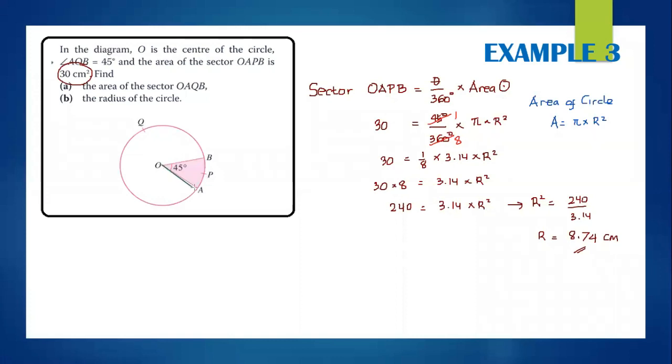We go from OA, and then around the circle, QB, and then back again to O. We call that sector OAQB, right?